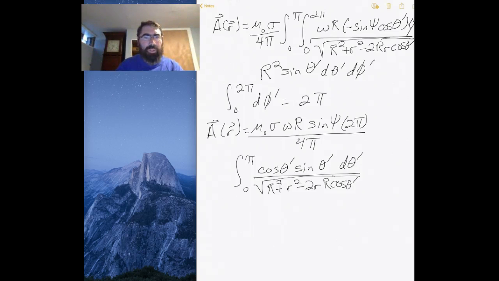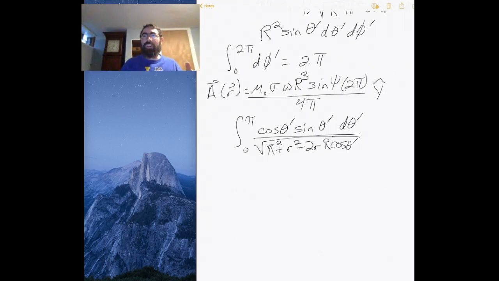And what I'm missing is there was a capital R squared in the Jacobian, so therefore there should be an R cubed in that constant term out front, as well as the direction, y hat. Okay, good. So we've isolated all the constant stuff.